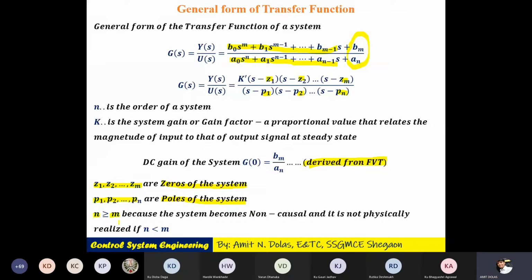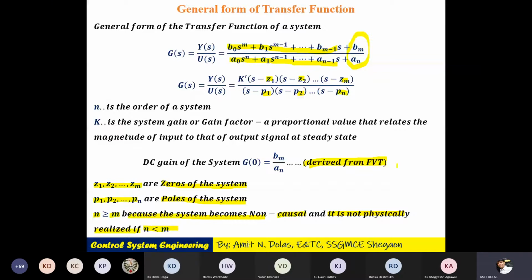The order of the system should be greater than or equal to m, because the system becomes non-causal and is not physically realizable if n is less than m.